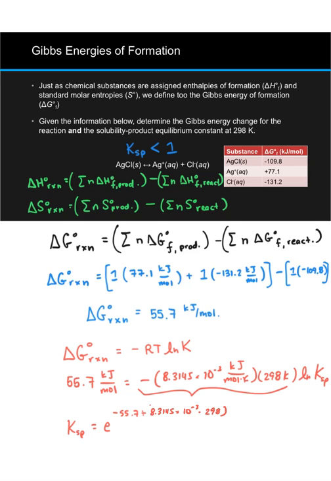Put all of that denominator stuff in parentheses, and we get a KSP value of 1.73 times 10 to the minus 10. This is very close to the tabulated value for KSP of silver chloride of 1.8 times 10 to the minus 10 under these conditions. So our thermodynamic calculations have verified our experimental ones. And we can tie now the ideas and concepts of thermodynamics and spontaneity to our discussion of equilibrium.